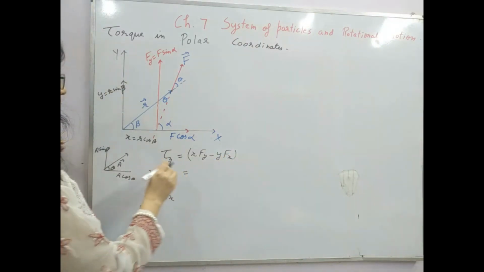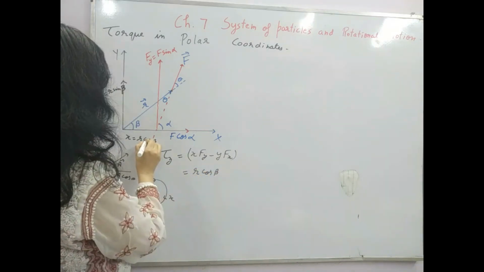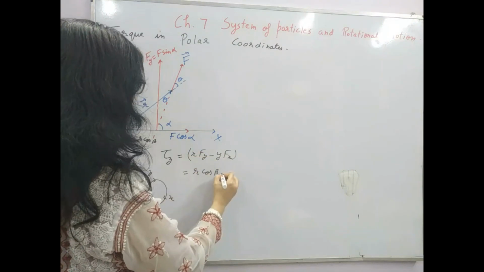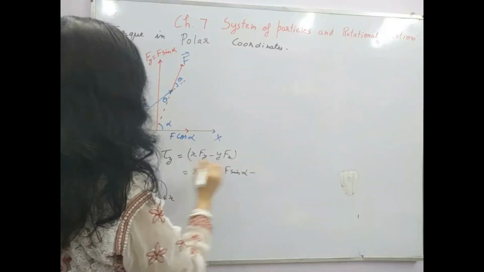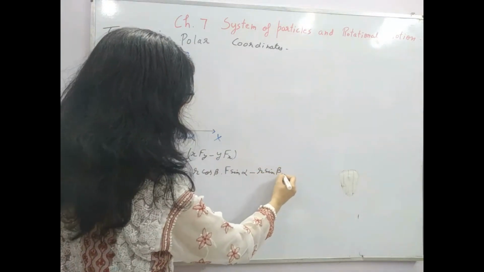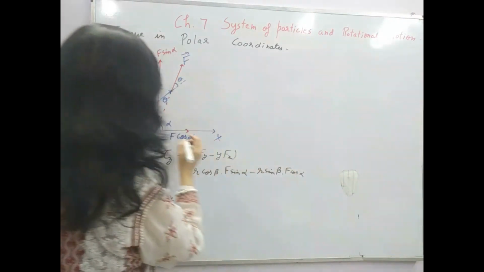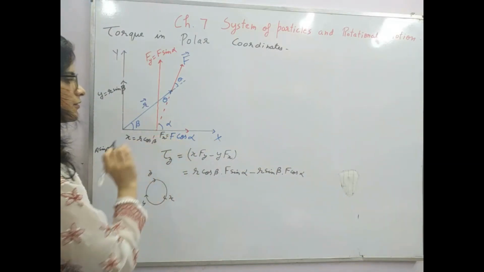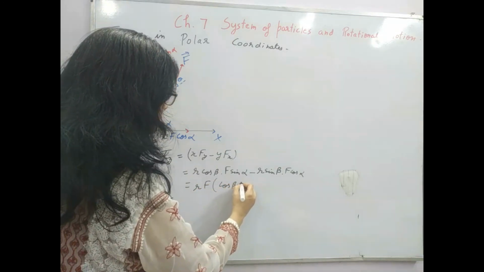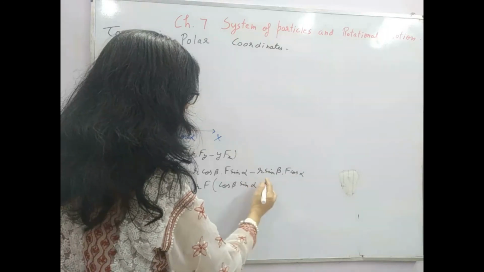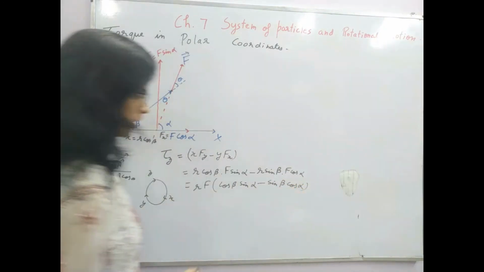So I'll put the values. x is how much? r cos beta into Fy is F sine alpha minus y is r sine beta, and Fx is F cos alpha. So this is your Fx, right? So from here I can take rF common. This will be cos beta sine alpha minus sine beta cos alpha. So what will it give me?